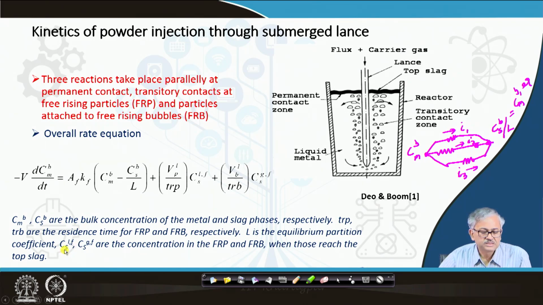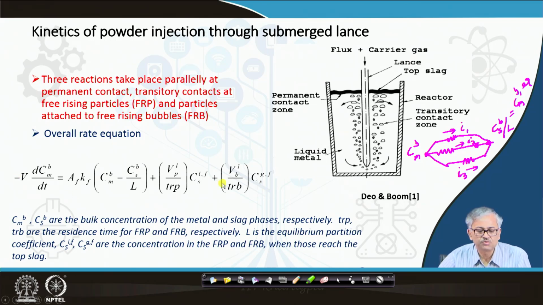And then CSLF and CSGF are the concentrations in the FRP and FRB when they reach the top slag. So, this is the concentration of the impurity in the powder particle when they reach the top surface, right. This is for the free rising particle, this is for the free rising bubble, where a particle is attached to the free rising bubble. So, this is the thing that will come next.